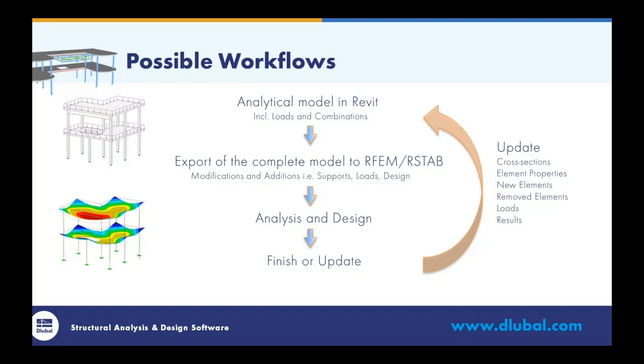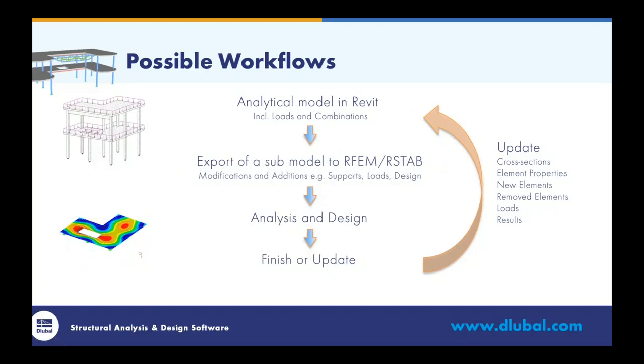And these changes that you made in RFEM can be transferred back to Revit. So you can update the Revit model with the changes you made in RFEM. This is one big circle. You start in Revit, export to RFEM, and update the changes you made in RFEM back to Revit.